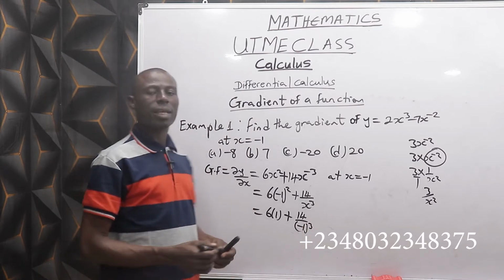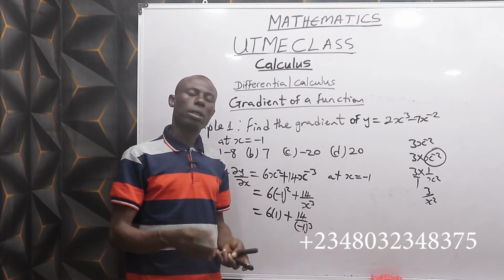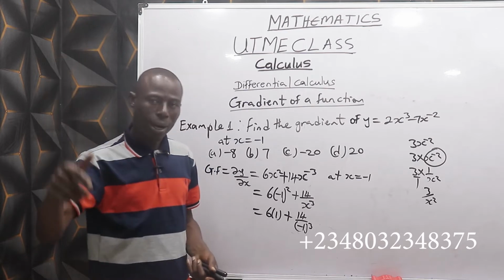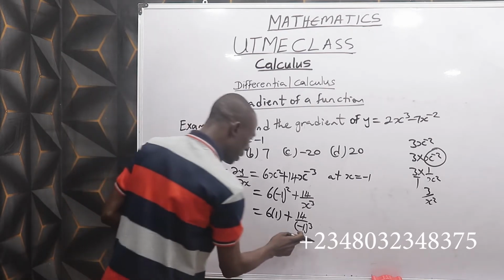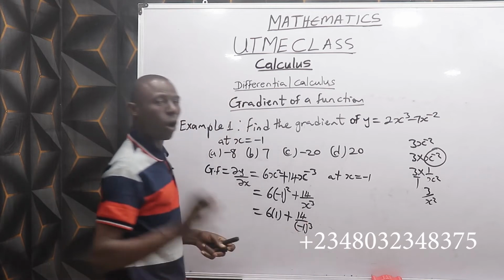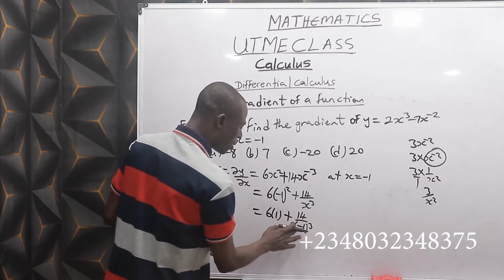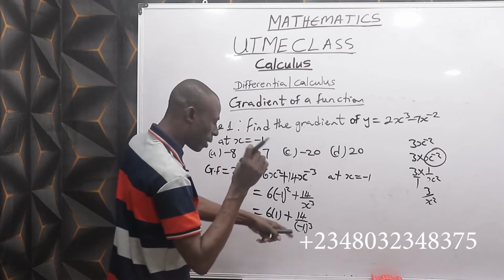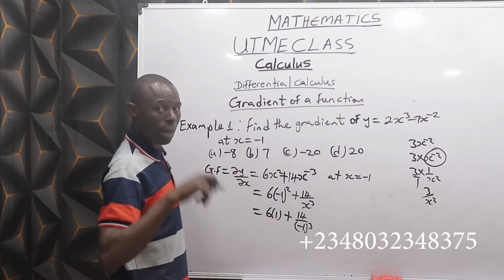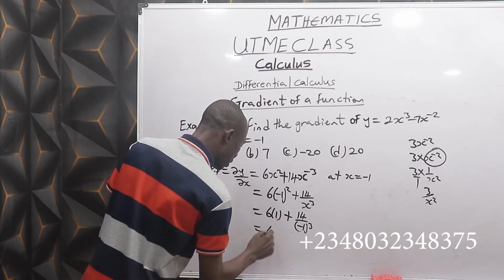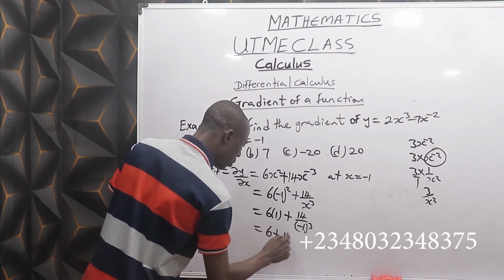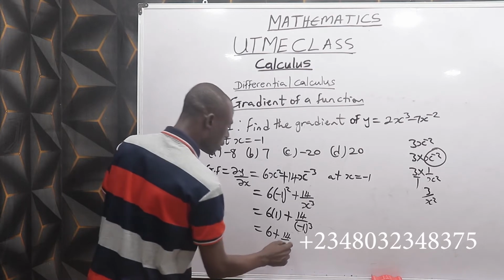But when you raise a negative value to an odd power, your result will be negative. Power 3 is an odd power, so when you raise negative 1 to power 3, you get negative 1 back. So it's 6 plus 14 divided by minus 1.